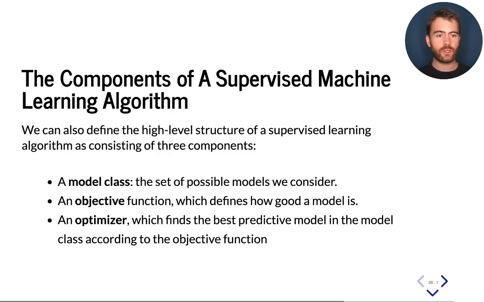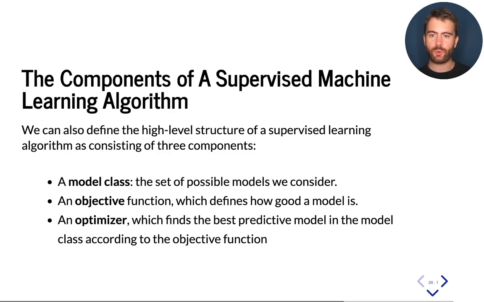In fact, the learning algorithm is entirely defined by these three components. The first component is what we call the model class. Recall that the eventual output of our algorithm is going to be a predictive model. And the set of all the possible predictive models that we can output is exactly the model class.